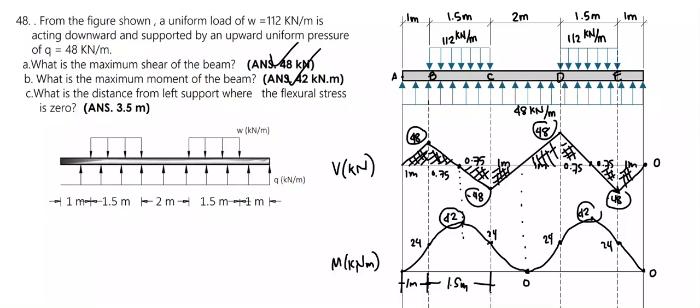And from point C to the midpoint of CD, there is a distance of 1/2 of 2 meters, equal to 1 meter. So the sum of the distances is 1 meter plus 1.5 meters plus 1 meter, which has a value equal to 3.5 meters. That is the distance from the left support where the flexural stress is 0, which is this point here. And these are our final answers.